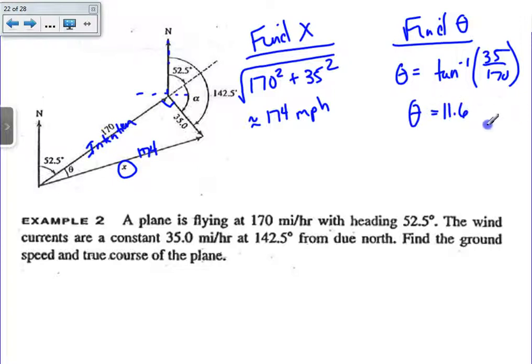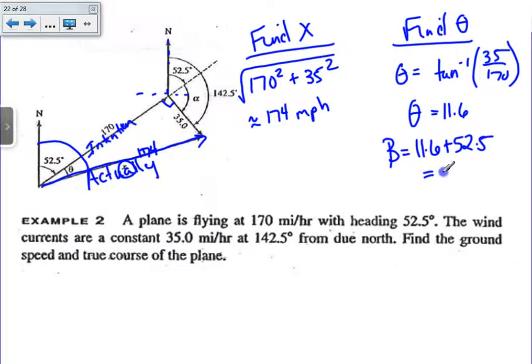Now, to find the actual course of the plane, because remember, this is what's actually happening, is this vector right here. We need to figure out his total angle for his bearing, so 52.5 plus theta. So his bearing is 11.6 plus 52.5, which is 64.1 from north.